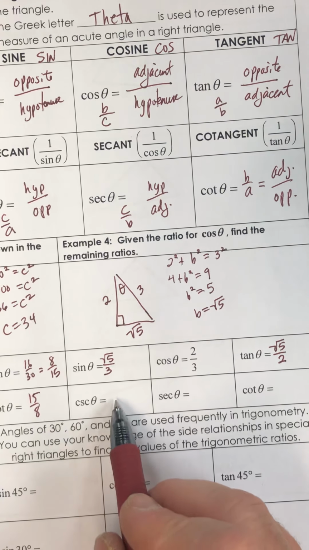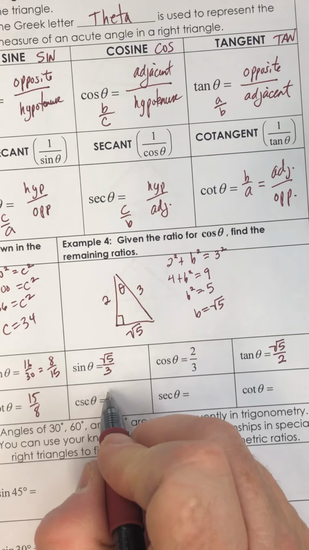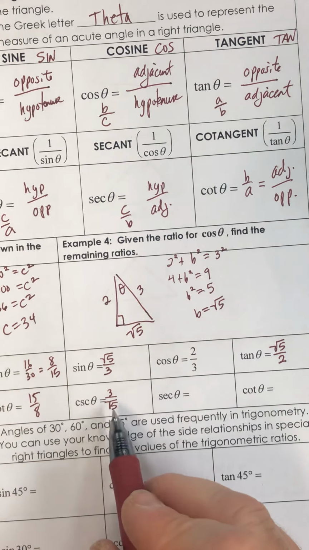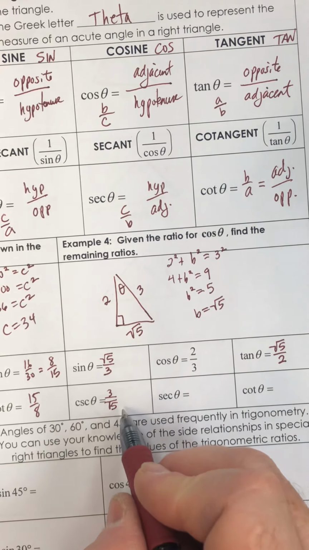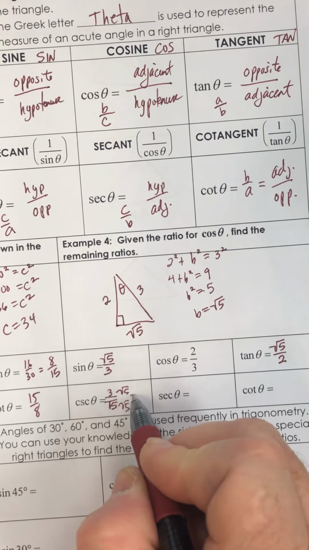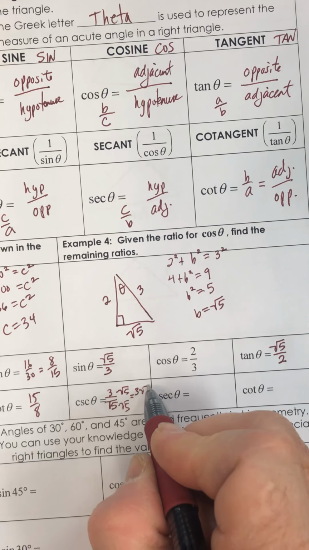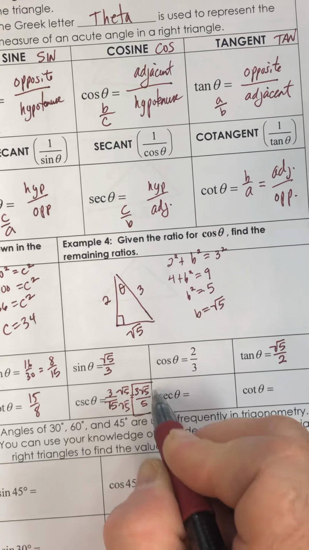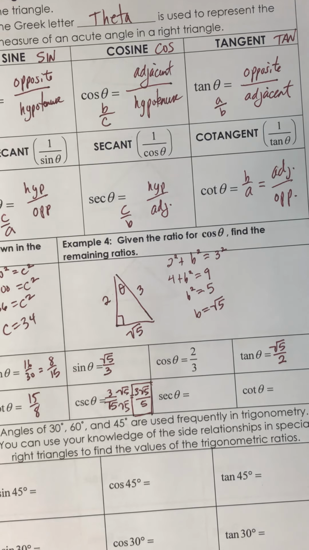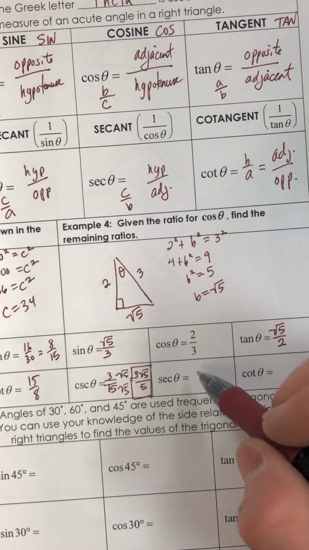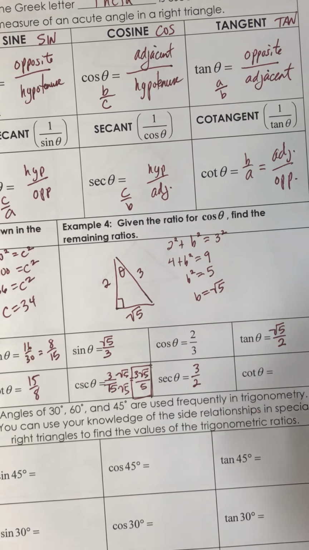The cosecant, so I need to flip this. That's going to be 3 over the square root of 5. I can't leave the square root on the bottom, so I'm going to multiply the top and bottom by the square root of 5. That leaves me 3 square root 5 over 5. And secant, I flip that over, so 3 over 2.